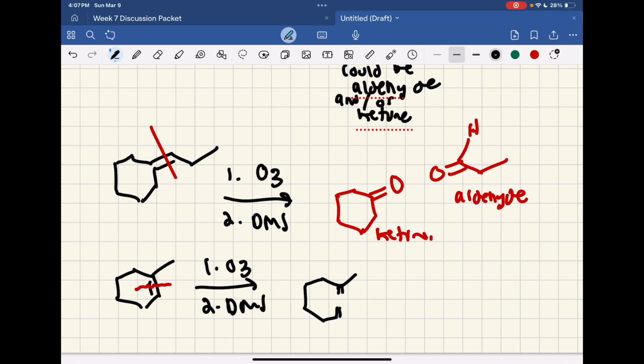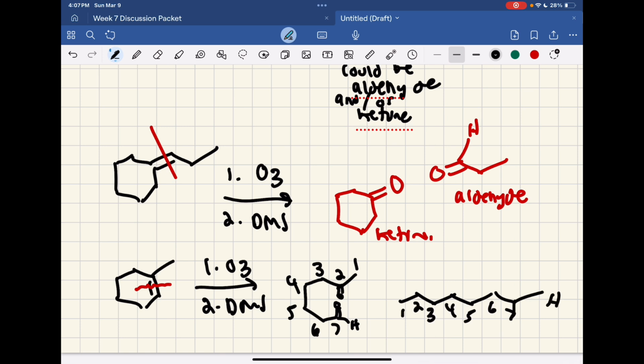So we're here, put an oxygen, put an oxygen. You can either leave it like that, or you could expand it to the 1, 2, 3, 4, 5, 6, 7. And that's the same. These are the equivalent. Okay, so those are two ways to draw that.